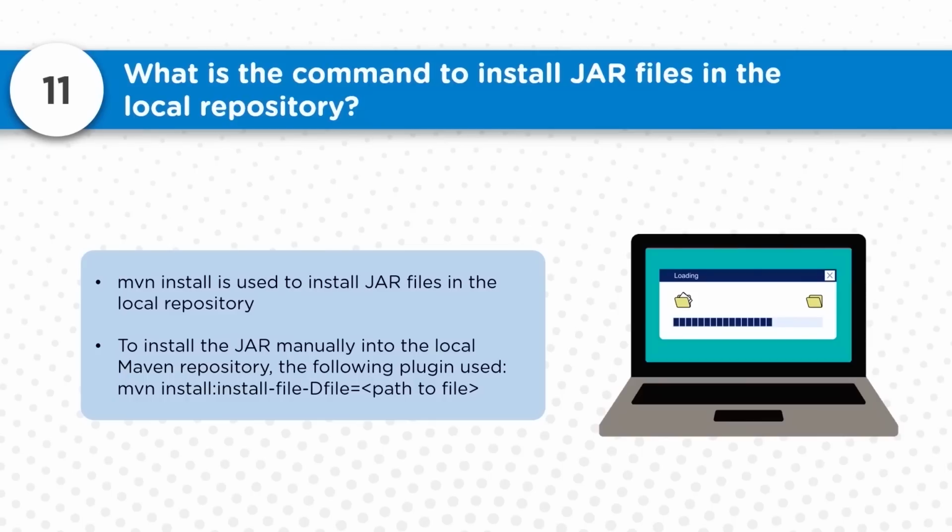We can download the jar file and then run the command mvn install-file, and then give the path with -Dfile, where the path of the file should be provided. Once that is done, in the local .m2 directory, the specific artifact will be downloaded and installed there. So this is a mechanism where you will be able to set up the artifacts, the jar file, locally in the local repository.